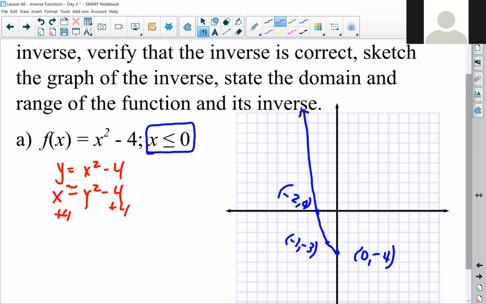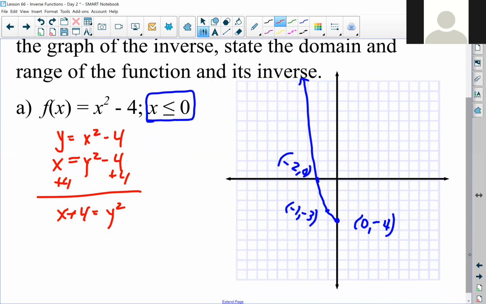I'm actually going to change that a little bit. And when I take the square root, normally I'll put a plus and a minus here.